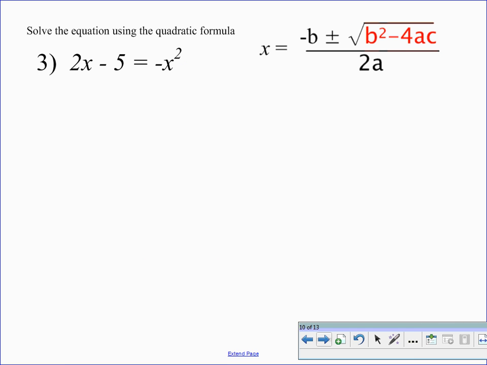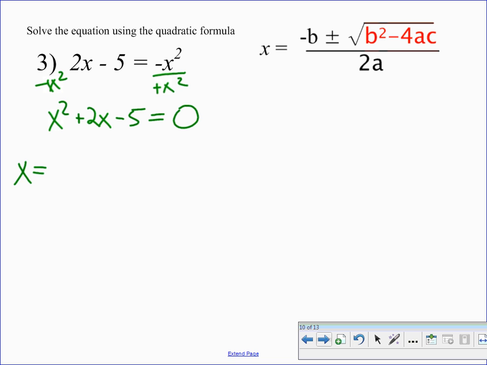All right. Remember that when we solve, the equation must be set equal to 0. This is not. So we're going to add x squared to both sides, and we'll get x squared plus 2x minus 5 equals 0.